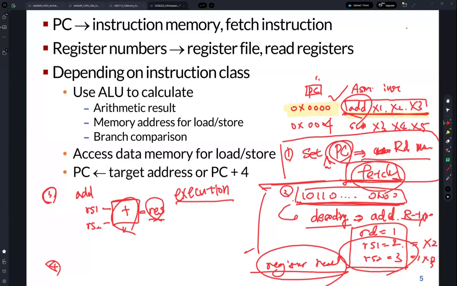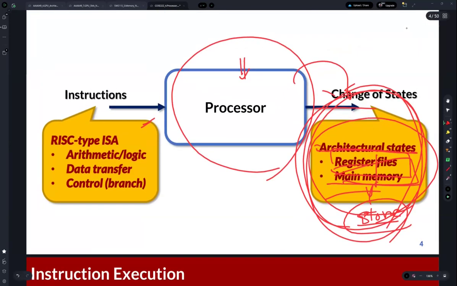If we analyze this instruction, the result of add needs to be stored in the destination register. This is the final result, the change of states. The result is stored in registers.